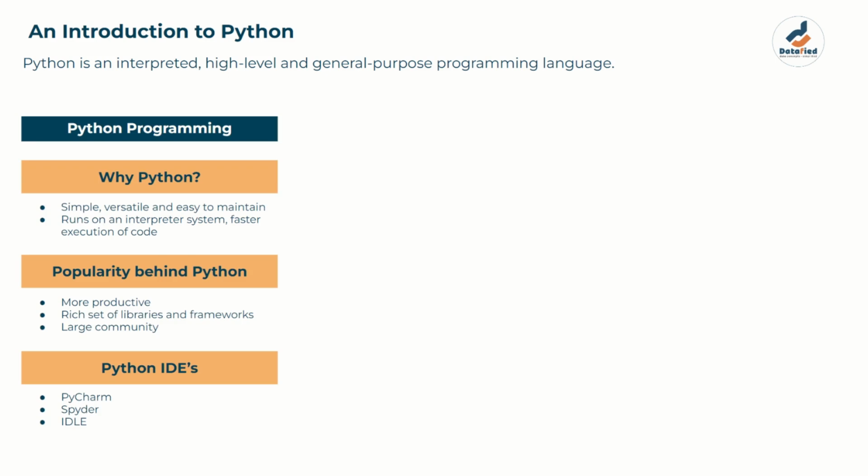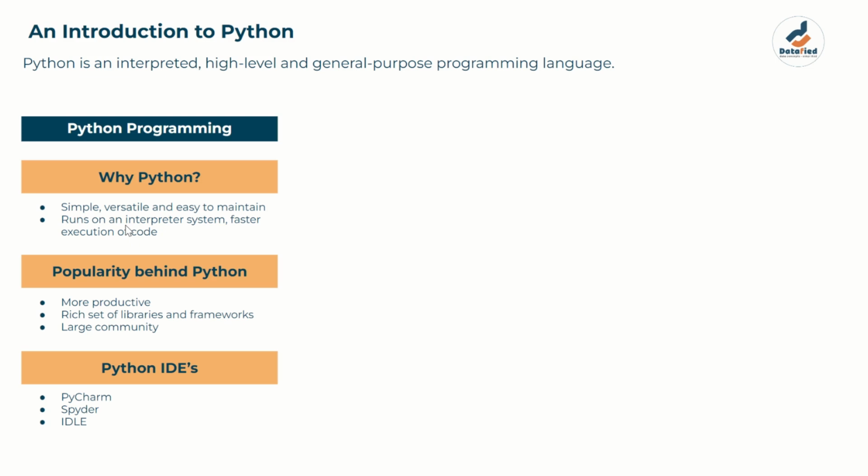When we look at the Python programming language, you may want to ask why Python for programming or for data analytics. It is Python because it's simple, it is versatile, and easy to maintain. It runs on an interpreter system, which means faster execution of code.